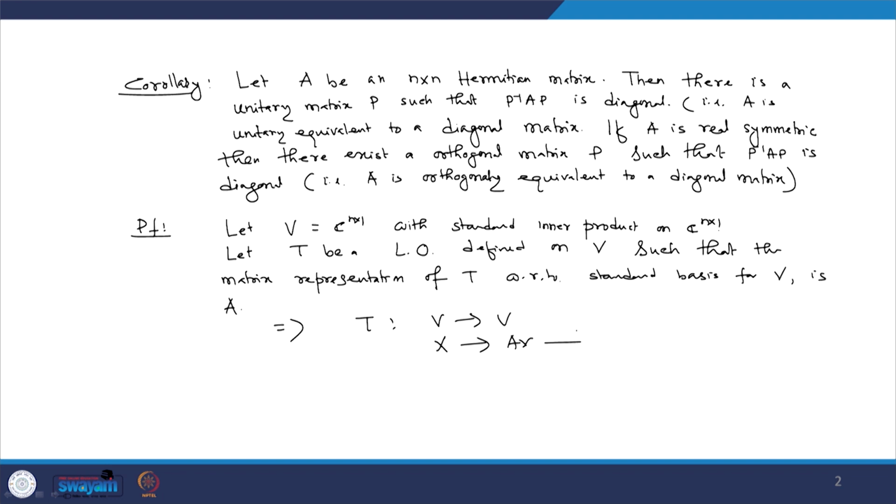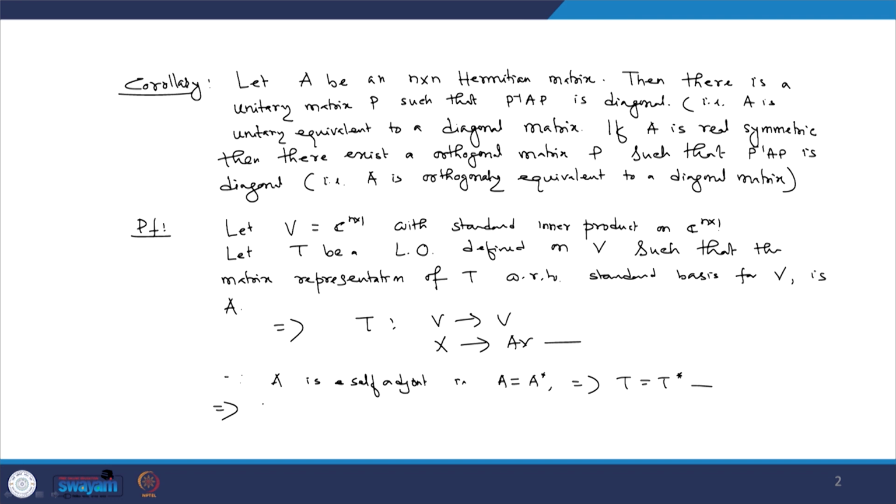Now, since A is self-adjoint, that is A equal to A star, this implies T equal to T star, that is T is also a self-adjoint operator.